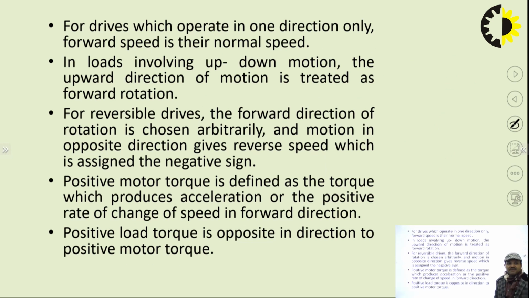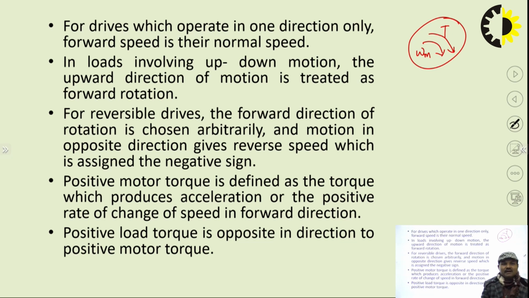For drives which operate in only one direction, forward speed is their normal speed. Suppose we have taken this direction as the positive direction of the motor speed and motor torque; this is the forward speed for a one-directional motor.